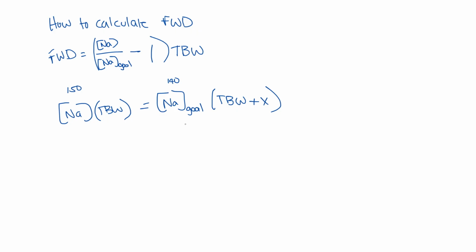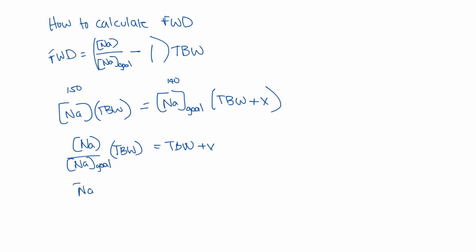So I can solve for this. How do I solve for this? Well, I'm first going to divide by my sodium goal. So my sodium concentration over my sodium goal times total body water equals total body water plus X. Now I'm going to subtract total body water.